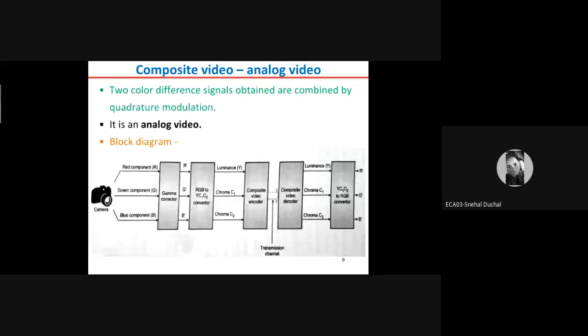Here we can use different types of modulation techniques in videos. You can study the different modulation techniques in your analog communication and digital communications also. In a video we can use the quadrature modulation technique, that is, we can use the QPSK technique.